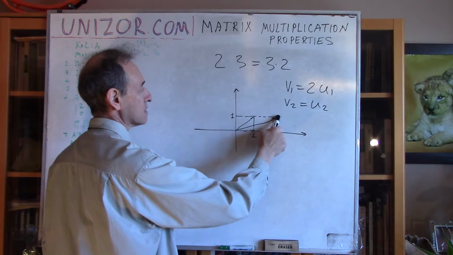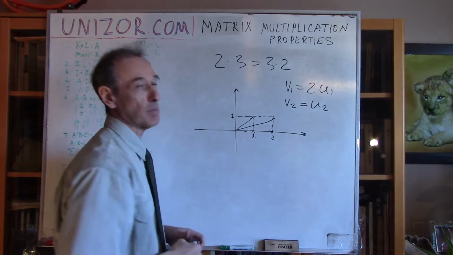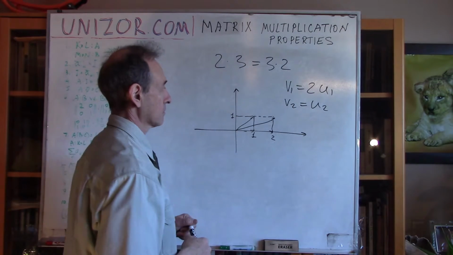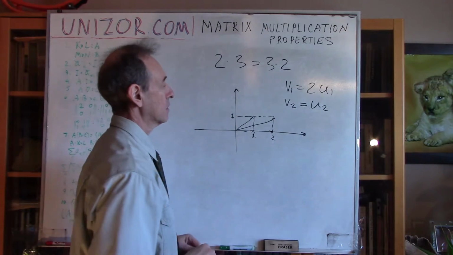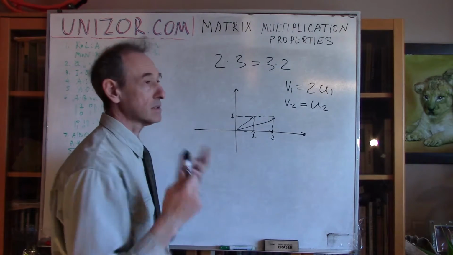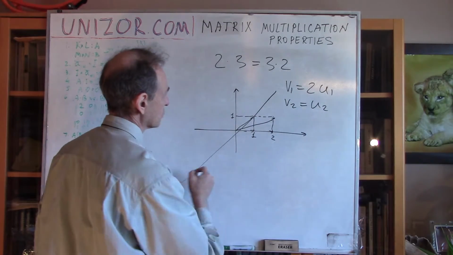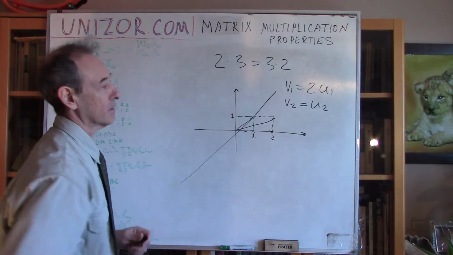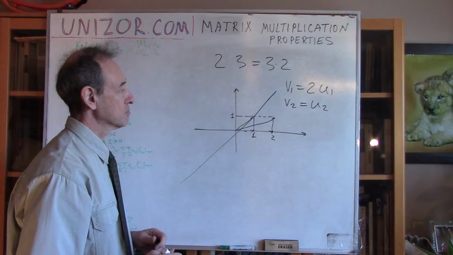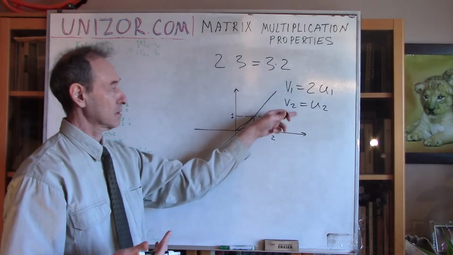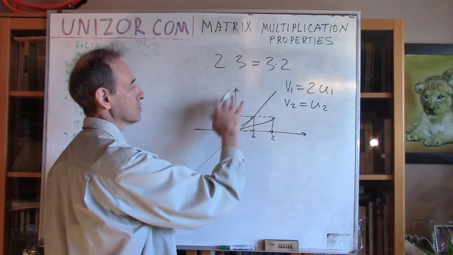So y coordinate remains the same, and x coordinate is increased by the factor of 2. So this is my linear transformation, and obviously it is linear. And let's consider another transformation. Another transformation would be reflection relative to the bisector of the main angle. Now, how can this reflection be expressed in the form of linear transformation? Well, we are changing abscissa to ordinate and ordinate to abscissa, right?